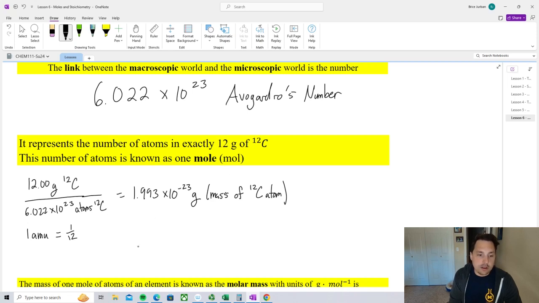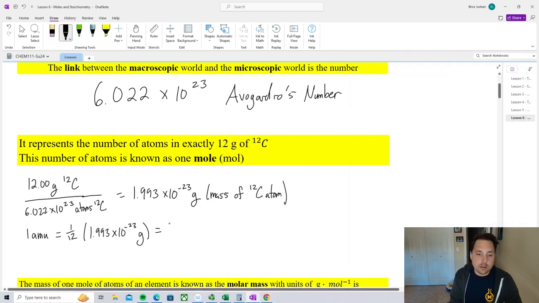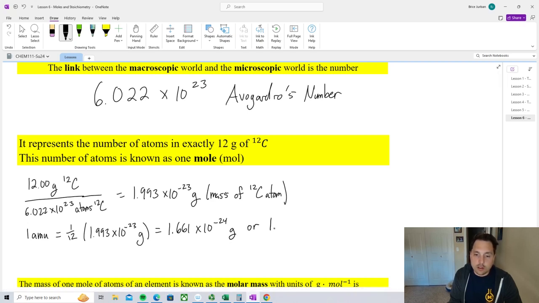Well, we have it right here, right? So it's going to be 1/12 of this. So 1 AMU is 1.661 times 10 to the negative 24 grams, or equivalently 1.661 times 10 to the negative 27 kilograms. And we'll see this one cited in our textbook.